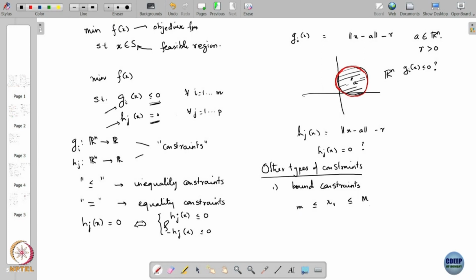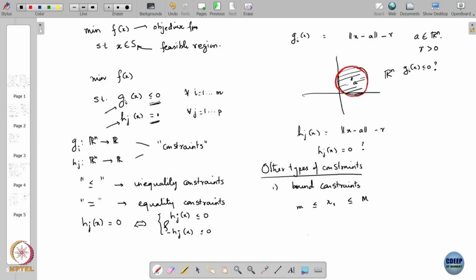Now, when you have bound constraints like these, you can of course think of these as two different inequality constraints. But often the type of solution algorithm you are employing needs to know if there is a bound constraint. If you write this as two different inequality constraints, it will look like two opposing inequalities of the same kind, just with a different right hand side.